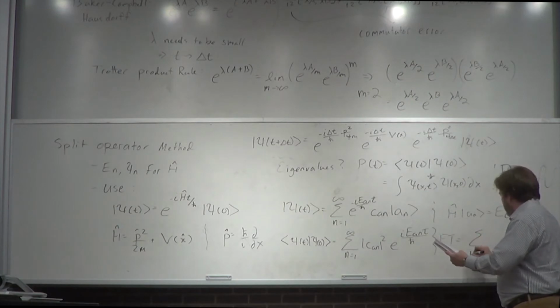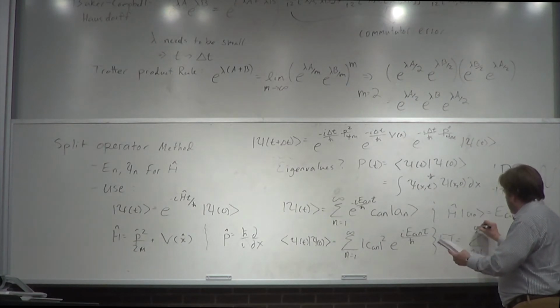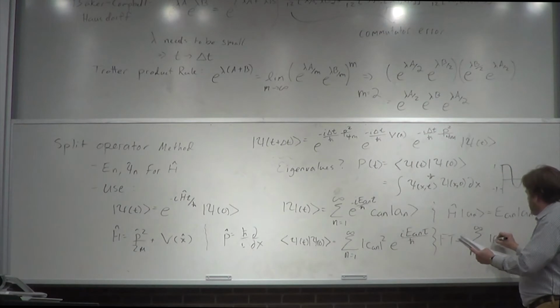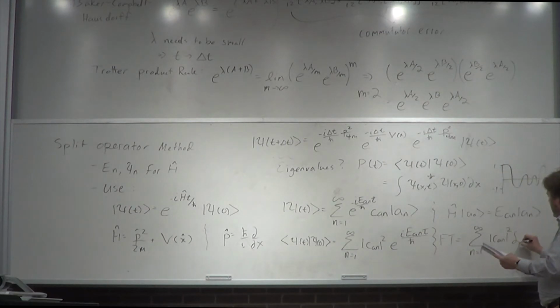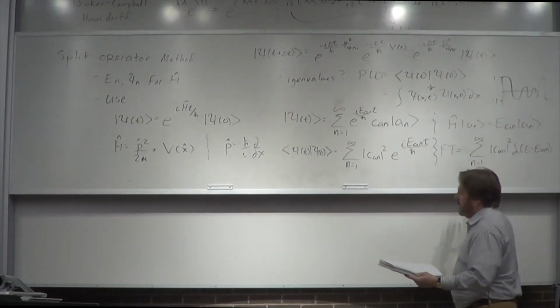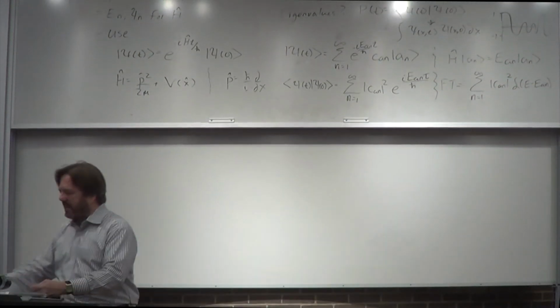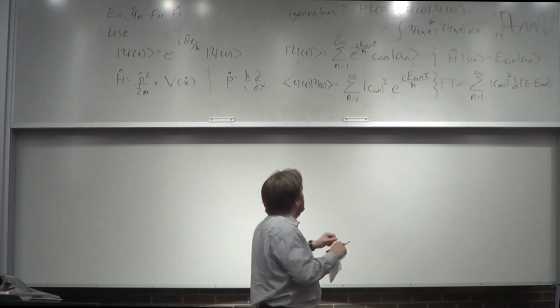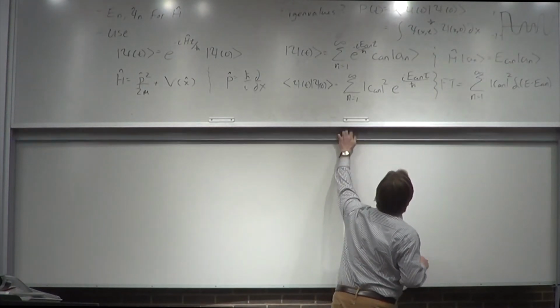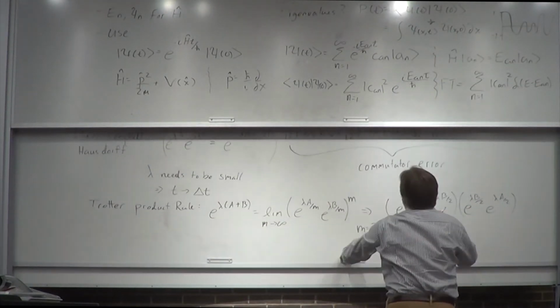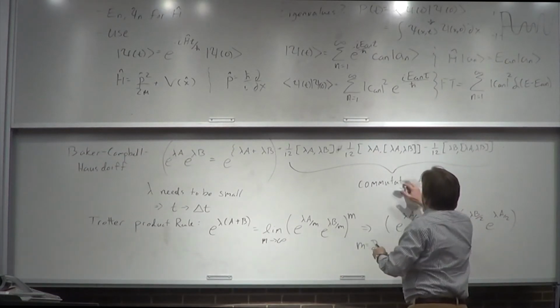It's now going to be the sum of states, how much that state contributes to the initial wave function, delta function E minus the energy of that same state. I know this may have gotten a little too confusing, but it will make more sense when we actually sit down and do it with the computer.